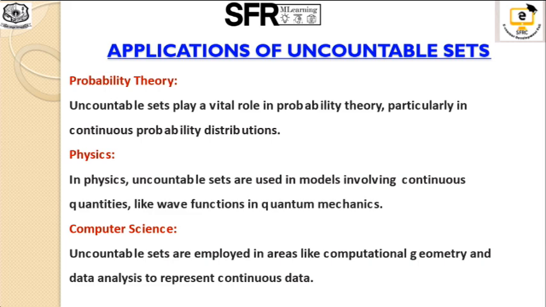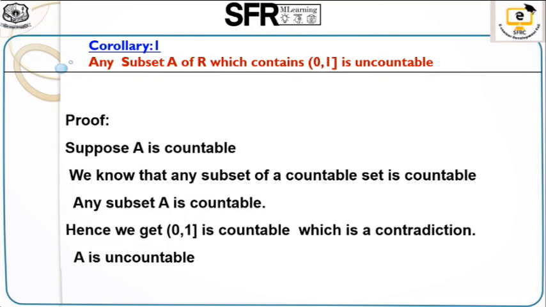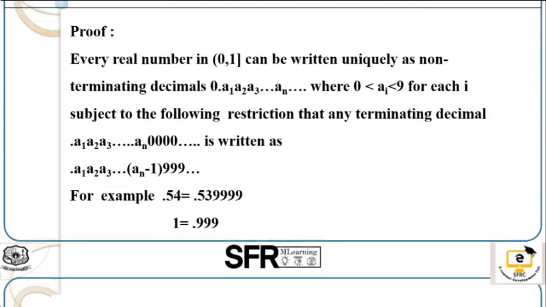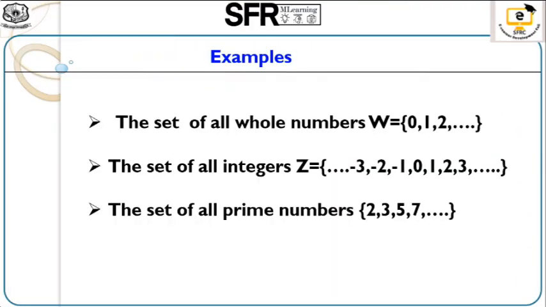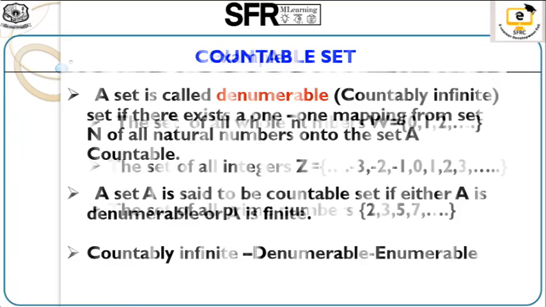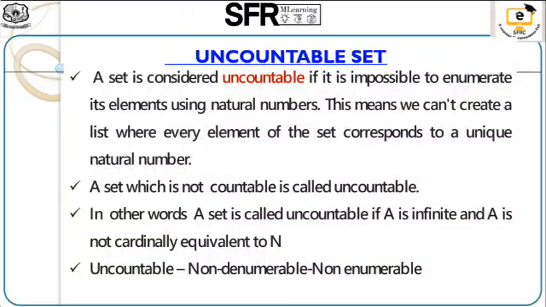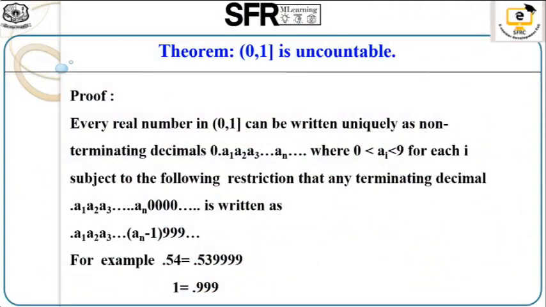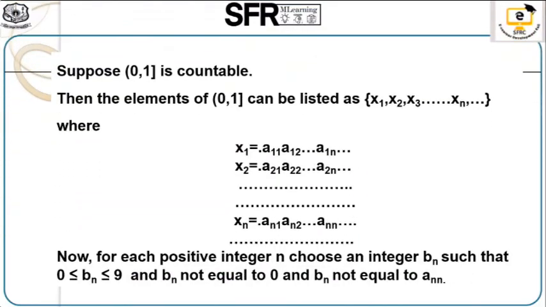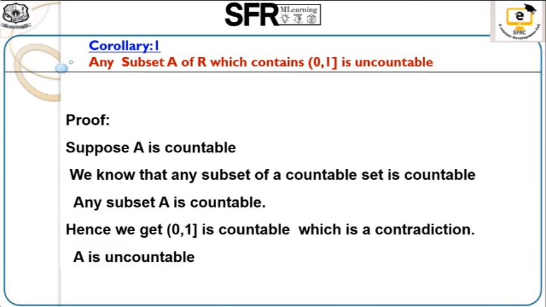So, now the overview of our topic: first we saw the countable set, next the examples of countable sets. What is meant by a countable set? What are examples of countable sets? What is meant by an uncountable set? Next, we saw that the open interval (0,1) is an uncountable set, proved using a theorem, and one corollary, one result: a subset of a countable set is countable.